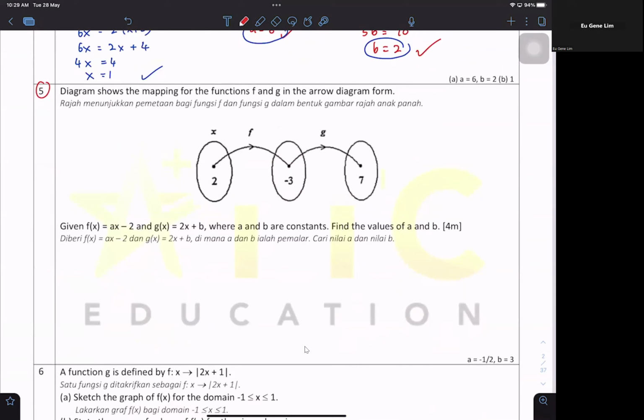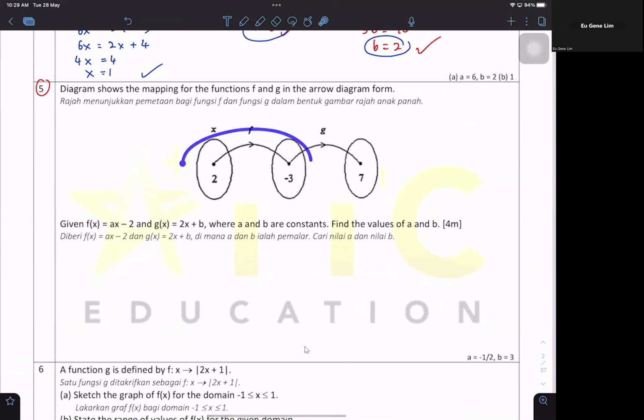The diagram shows the mapping of f and g in arrow form. Now you look at this picture. Every time you see this picture, I tell you, immediately you write down: this is f(2) equals negative 3. Why?